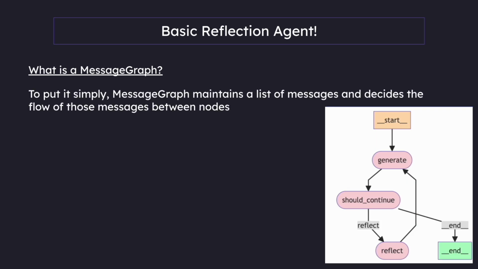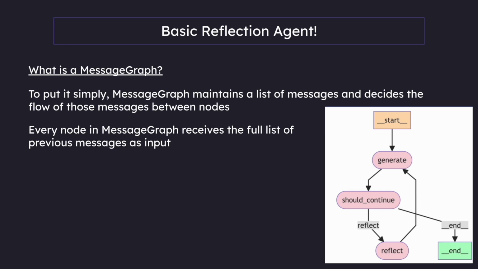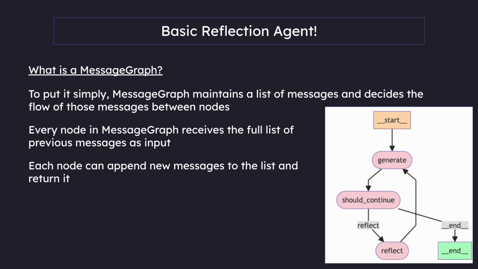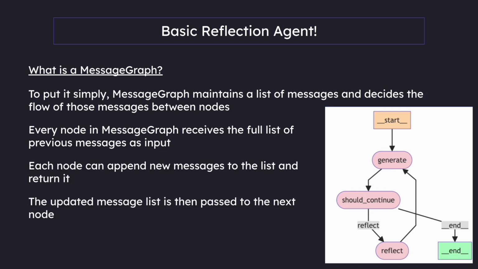To put it simply, message graph maintains a list of messages and decides the flow of those messages between nodes. Every node in message graph receives the full list of previous messages as input. Each node can append new messages to the list and return it. The updated message list is then passed to the next node.